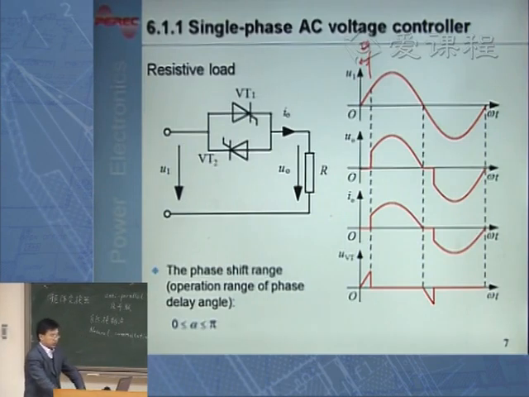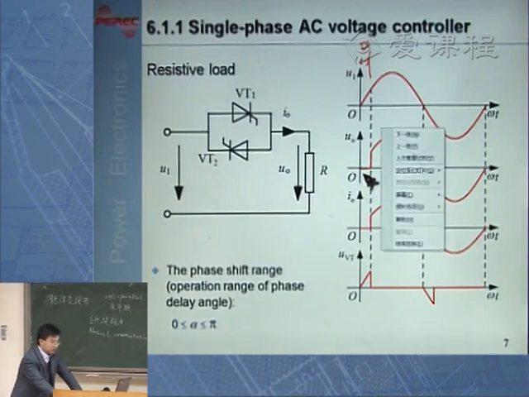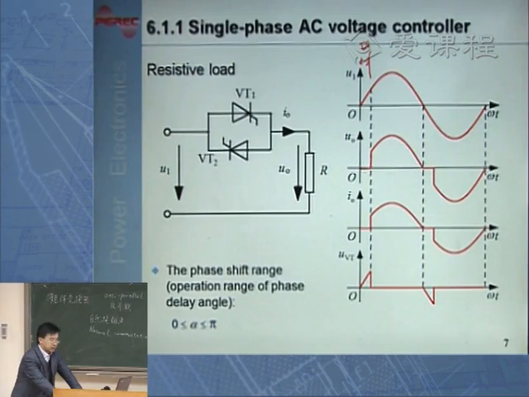When the input voltage is positive, I do not trigger it yet, until at this instant, when this phase angle comes to alpha, I trigger VT1. So before that, there will be no current flowing because these two thyristors are both blocking. No current flowing, therefore there's no voltage on the load. So the output voltage here, you can see, will be exactly 0.